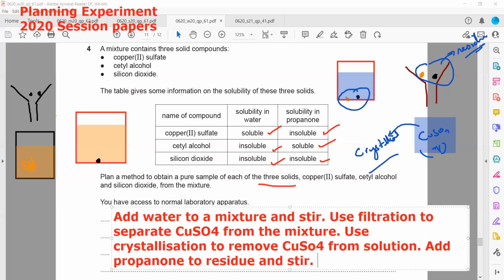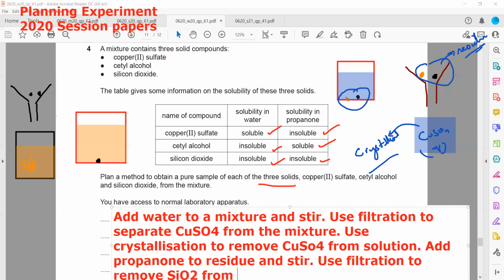As a result, we will again use filtration to remove silicon dioxide from cetyl alcohol. And the last part, from the filtrate, we can evaporate the cetyl alcohol to obtain the solid.